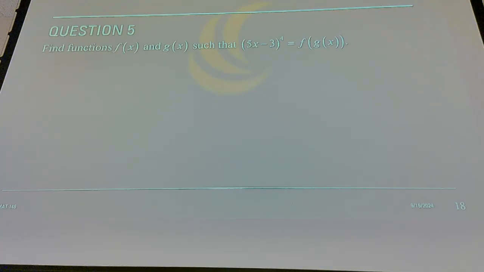F of g. F would be your outer function. G would be your inner function. Isn't it just 5x minus 3?